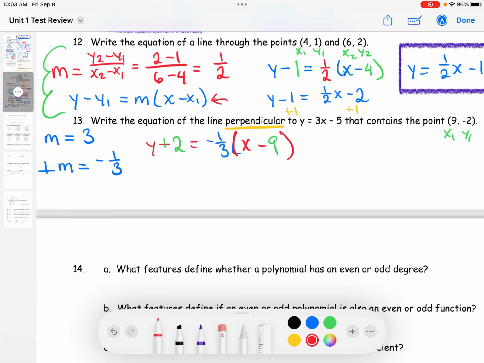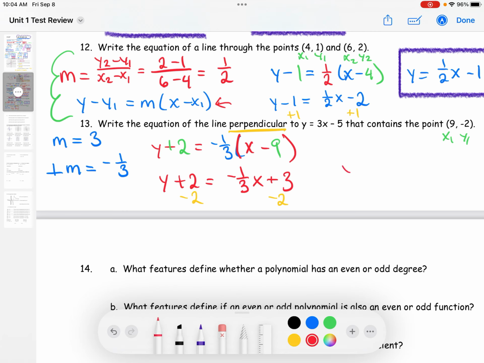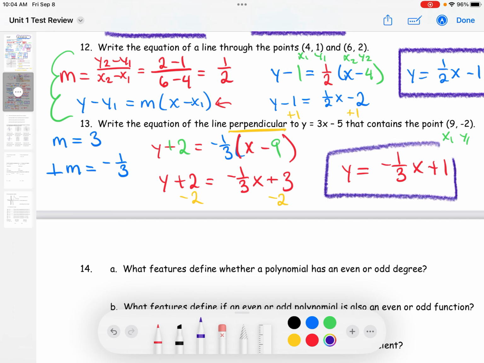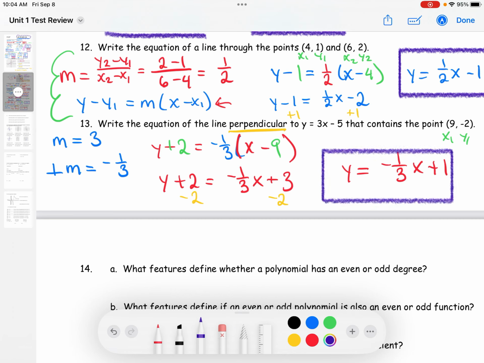Y plus 2 will equal -1/3 x plus 1/3 of 9, which is 3. And then we need to subtract 2 on both sides. And y is -1/3 x plus 1. And here is the equation of the line.